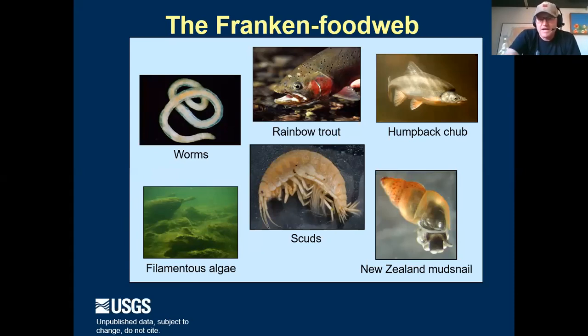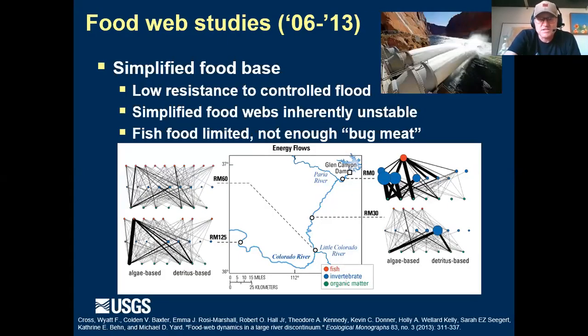When I first got to GCMRC, we were interested in trying to understand how this food web functions and how it operates. There's no analog for this food web anywhere really. It's novel, because of this new physical template and the species additions and losses.